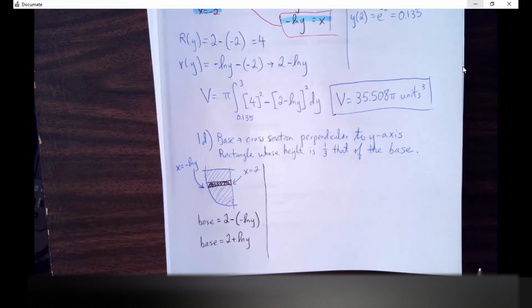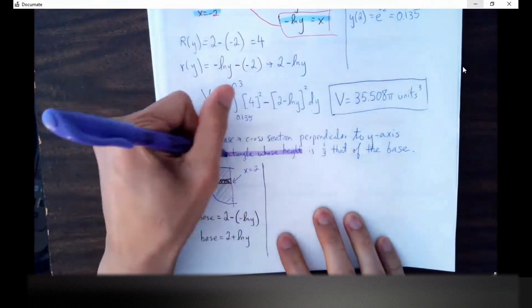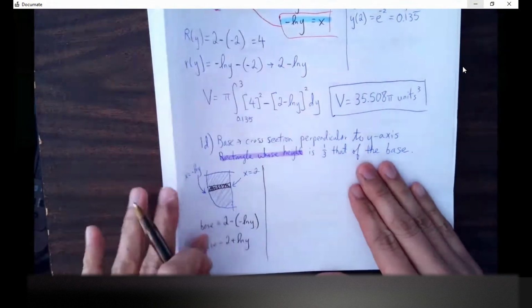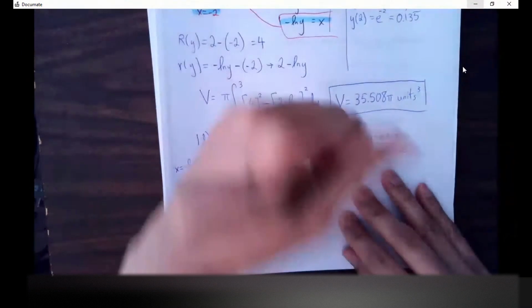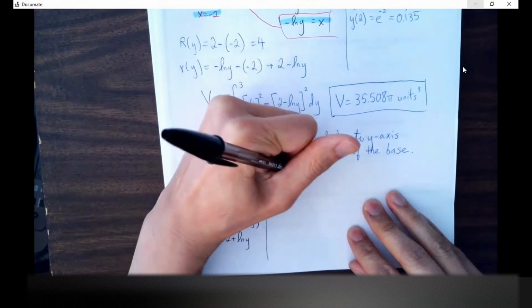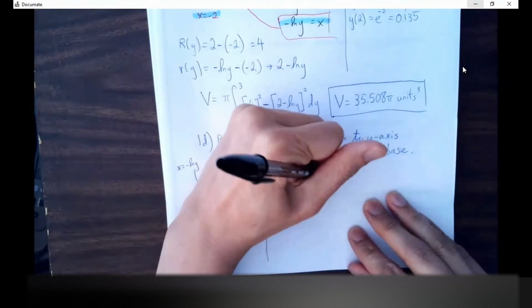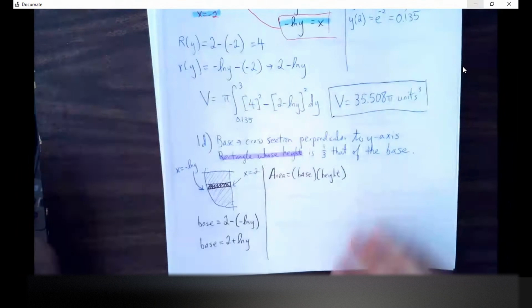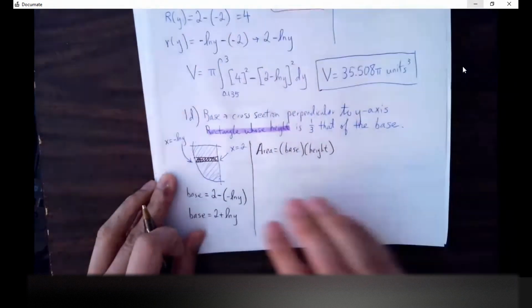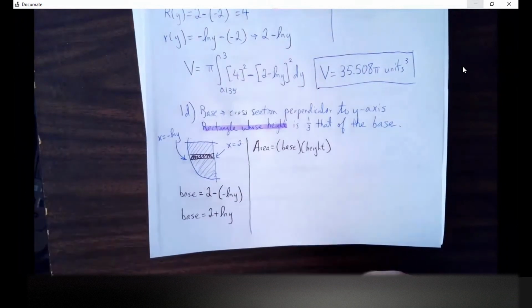Find the area. Or make the area equation. Okay, let's create that area, rectangle. Formula says rectangle is base times height. All right, what can we say about the height? It's 1/3.